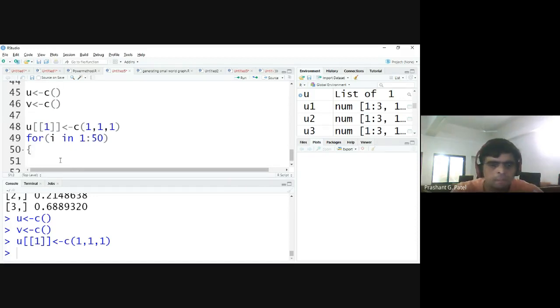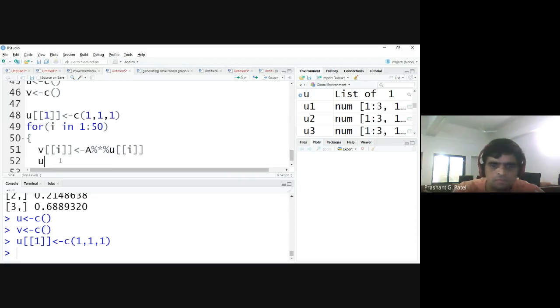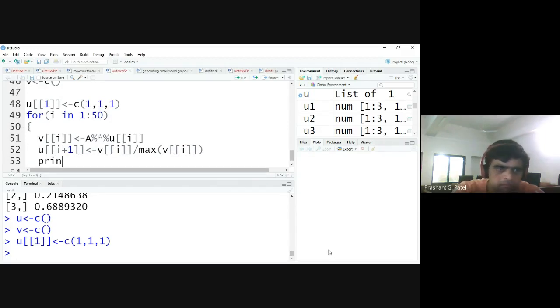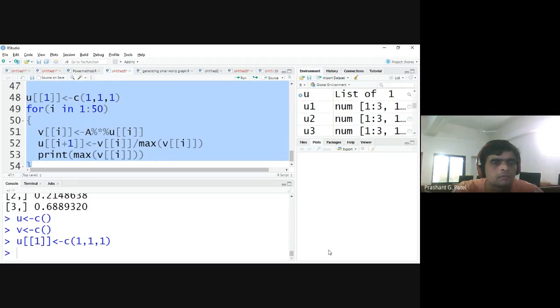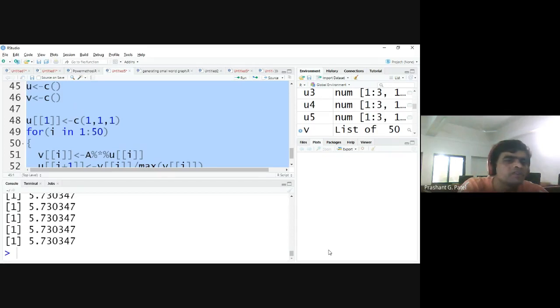Running a loop. Okay. So V of I is A %*% U of I. Then U of I plus 1 will be stored as V of I divided by the maximum of V of I. Then print the maximum of V of I. So 5.7304 is the answer for this.